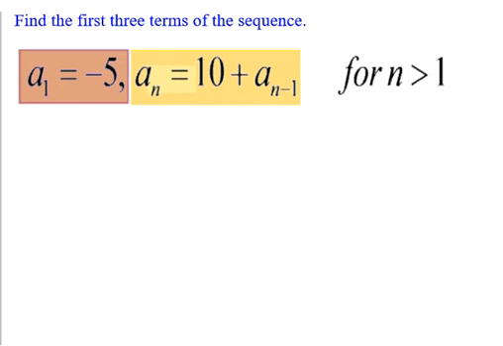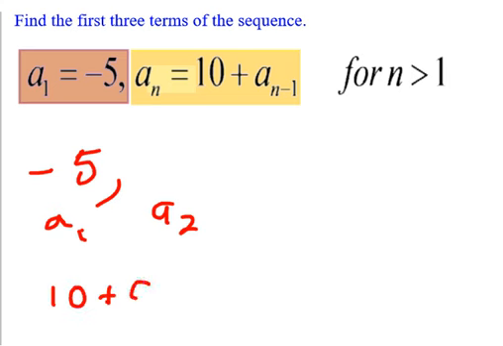So in this notation right here, we're saying a sub 1 is negative 5. What that means is that the very first term in my list is negative 5. To get the next term, so this would be my a1, the next term will be my a2. If I want to get a2, I'm going to take 10 plus a1. Well, a1 was negative 5.